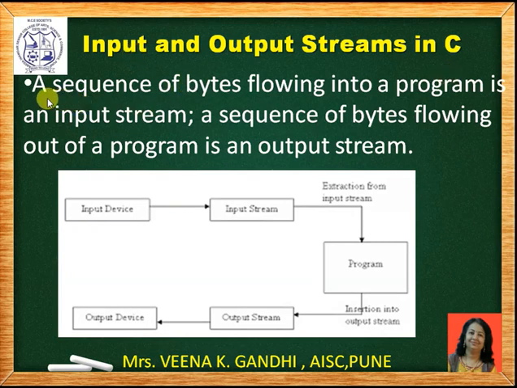A sequence of bytes flowing into a program is known as an input stream, and a sequence of bytes flowing out of a program is called an output stream. You can see in this figure, from the input device, data goes into the input stream and into the program. After executing the program, the output goes into the output stream and then to output devices. So all input output operations are done with streams in the C language.